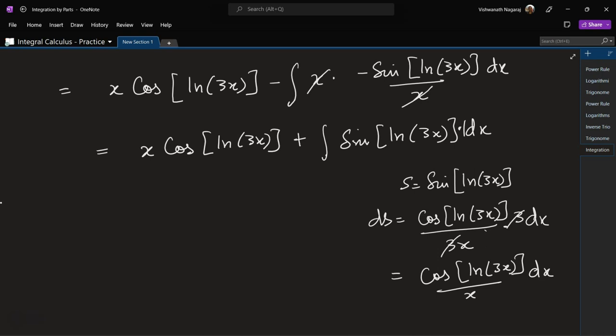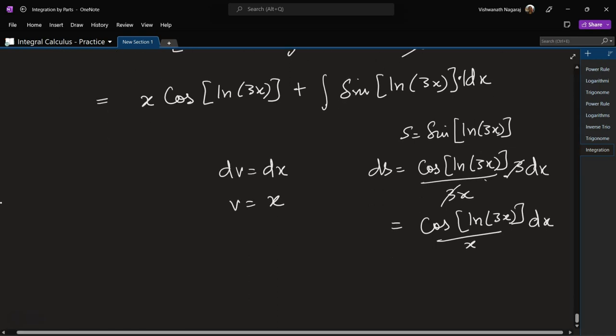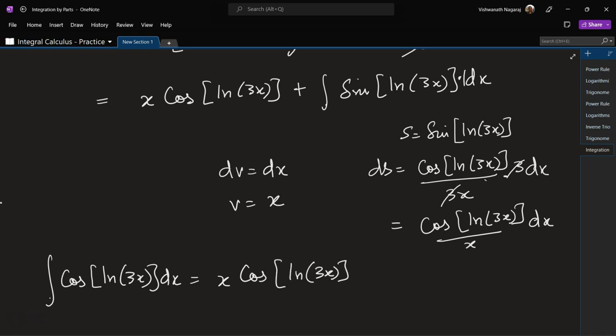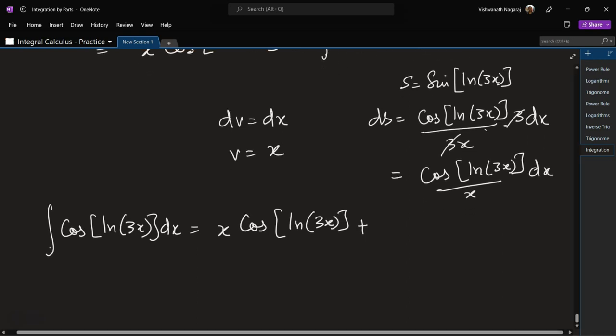Okay, similarly dv will be dx, which means v is equal to x. So now let's do it. Integral of cos of natural log of 3x dx will be equal to x cos natural log of 3x plus, and now we apply this integration by parts.